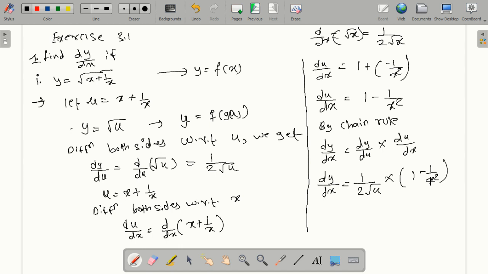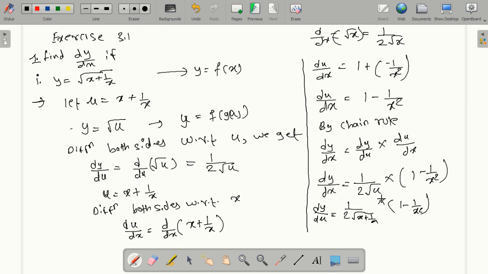If you substitute the value of u here, this can be written as 1 upon 2 square root of x plus 1 upon x into 1 minus 1 upon x squared, right?